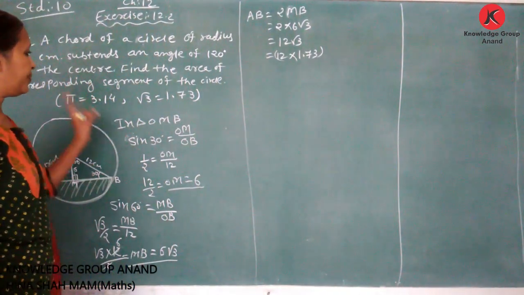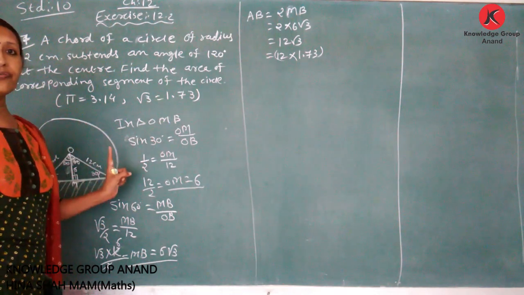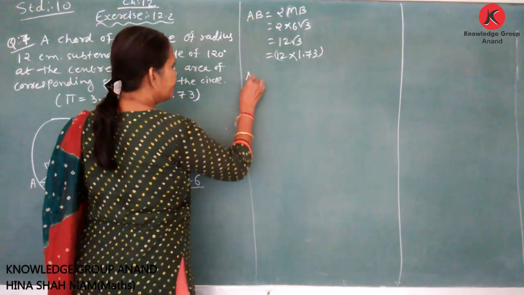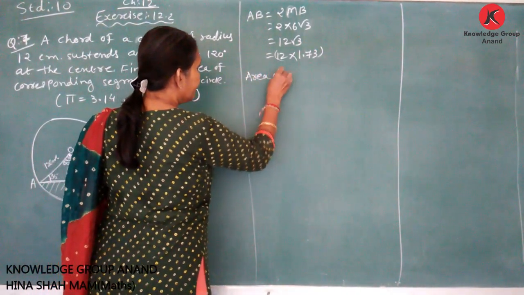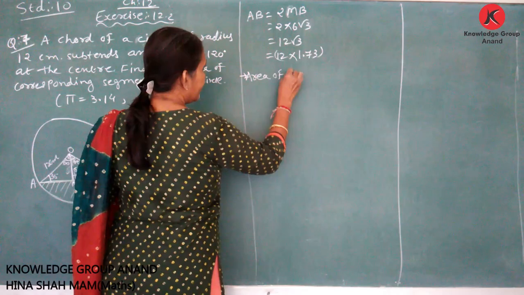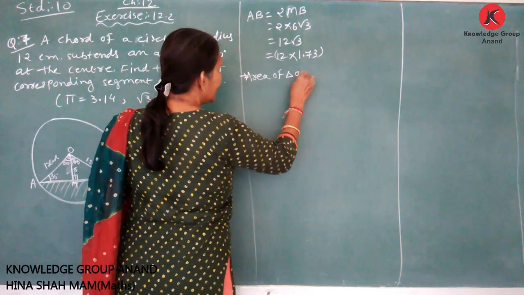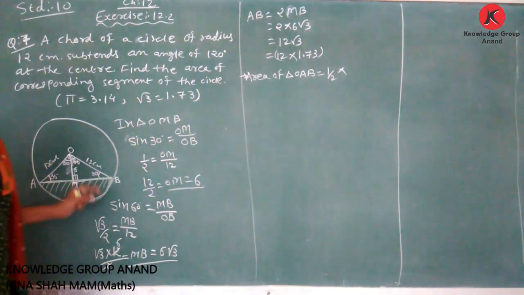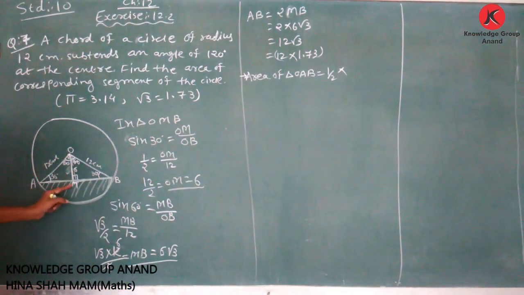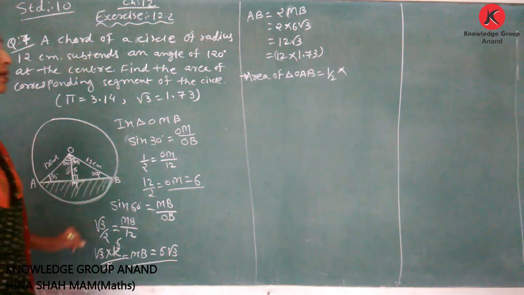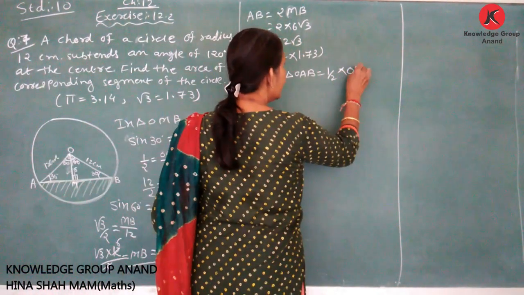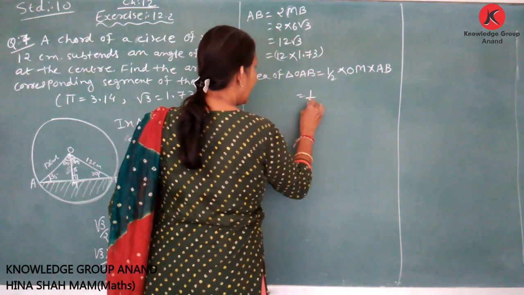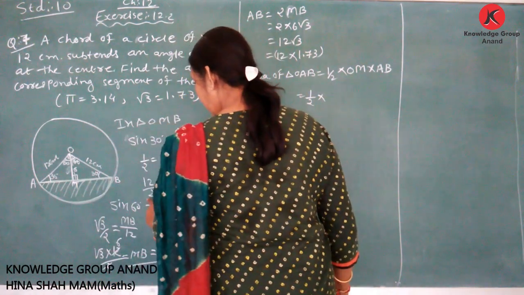Now we find area of triangle OAB is equal to 1/2 into base into altitude, that is OM into AB. 1/2. What is the value of OM?